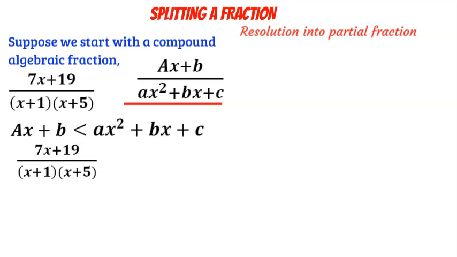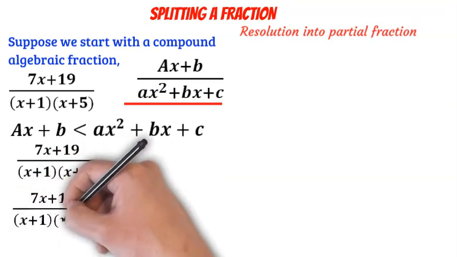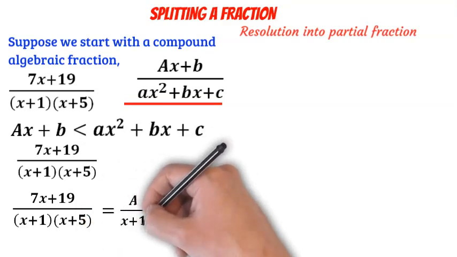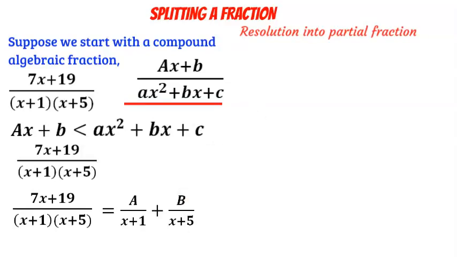Also, the partial fraction is determined by the nature of the factors at the denominator of the compound fraction. Hence, writing (7x + 19) over (x + 1)(x + 5) as equal to A over (x + 1) plus B over (x + 5) is quite in order.